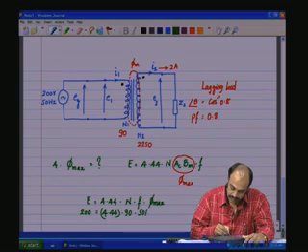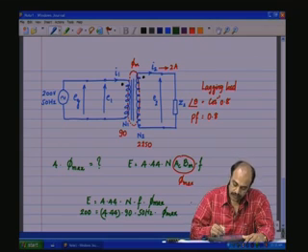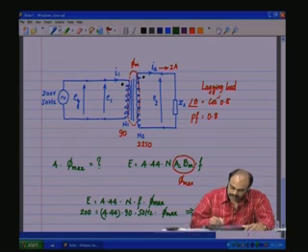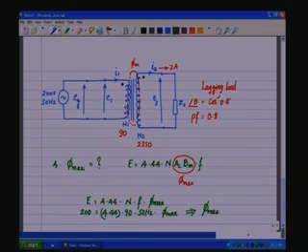Frequency is given 50 hertz, and then phi max. This is the only unknown, and therefore phi max can be calculated, which gives about 0.01 Weber or 10 milliwebers.